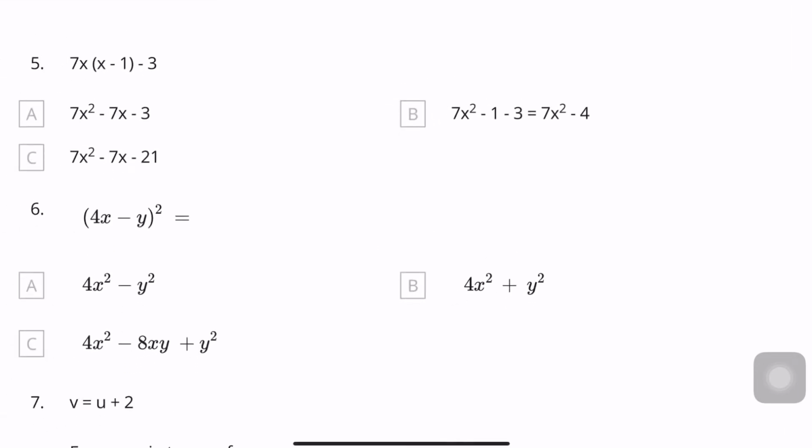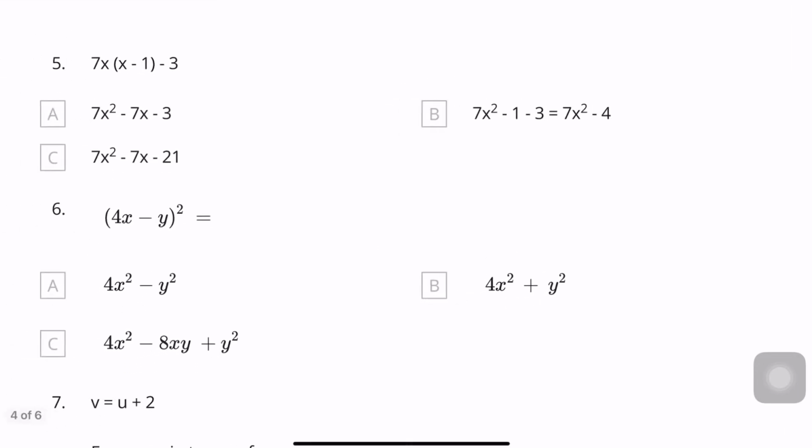We have an expression over here, and you need to expand it. We have 7x bracket x minus 1, minus 3. First, you multiply 7x into the bracket.